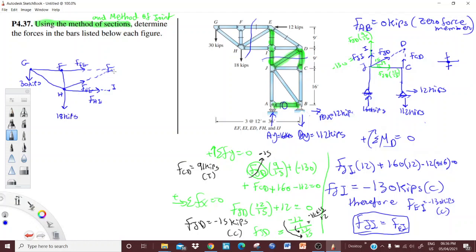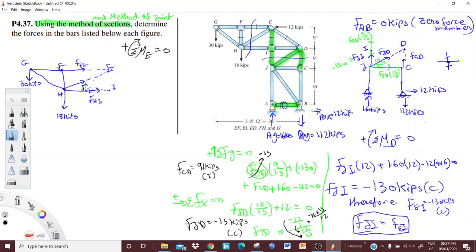You have here F, E, and I. So let's find the moment. We need to get rid of the three forces, so summation of moment at E is equal to 0.